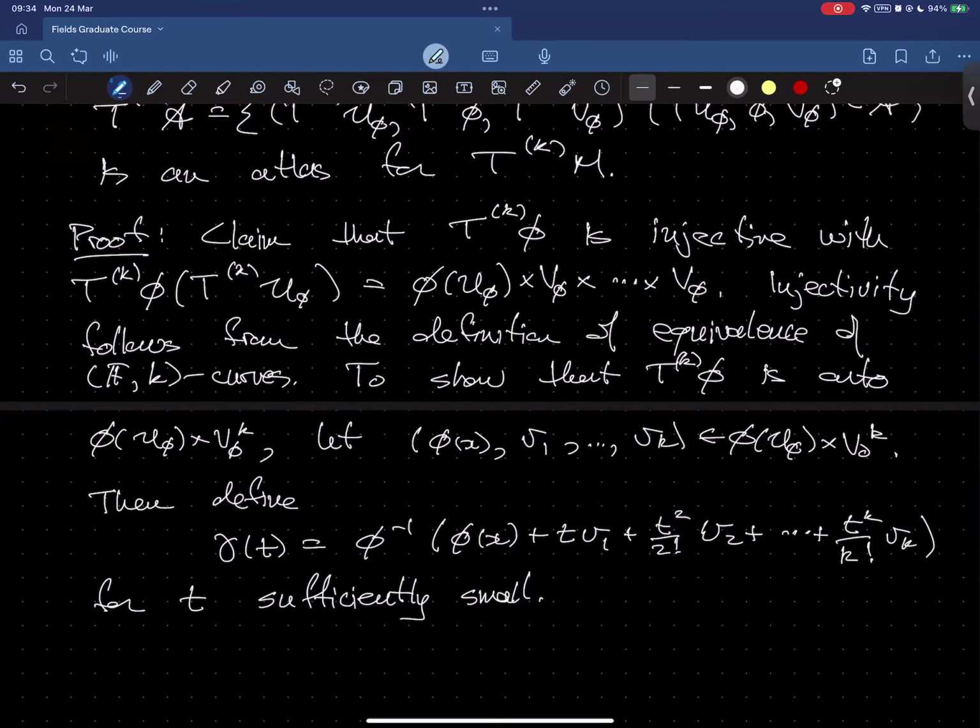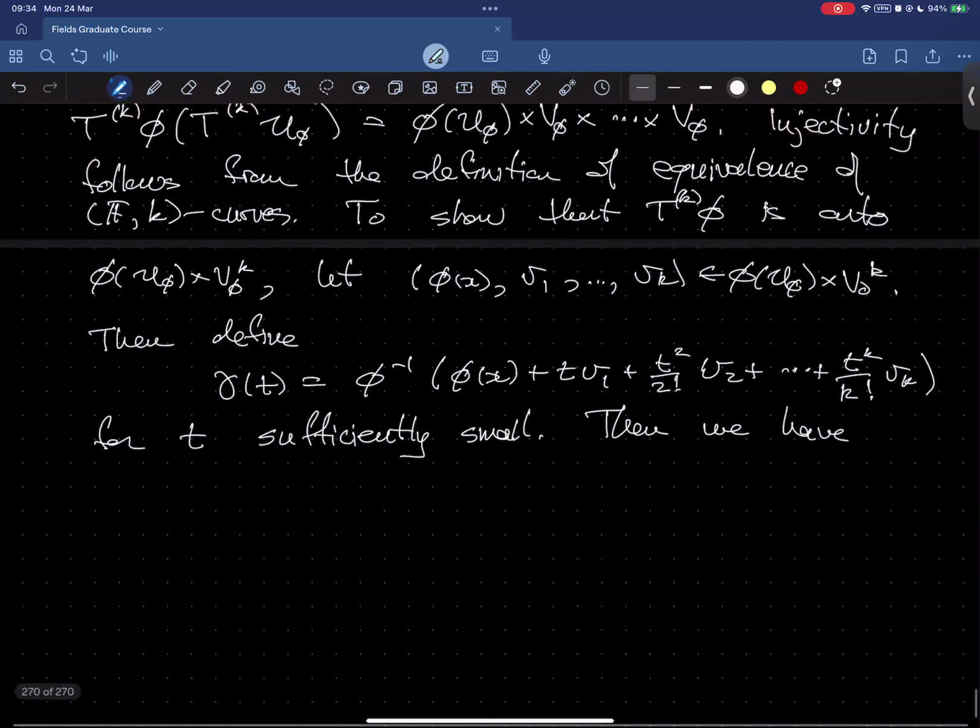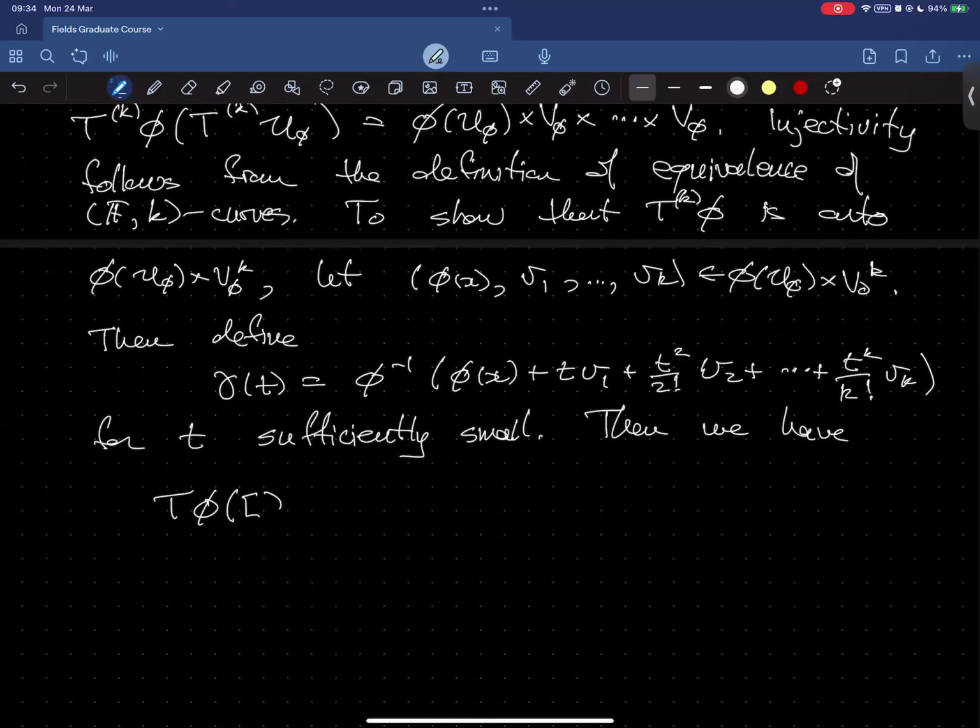So the point is that T^k phi of gamma_k phi inverse of x is equal to (phi of x, v1, ..., vk). So that shows surjectivity of T^k phi.